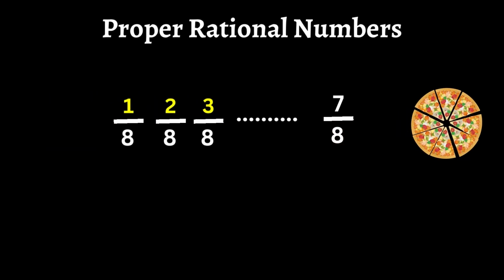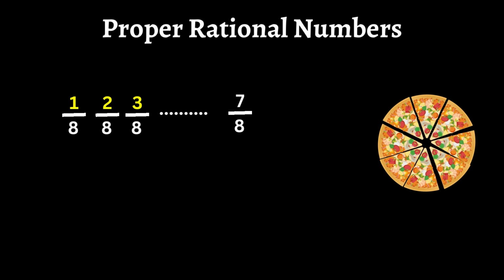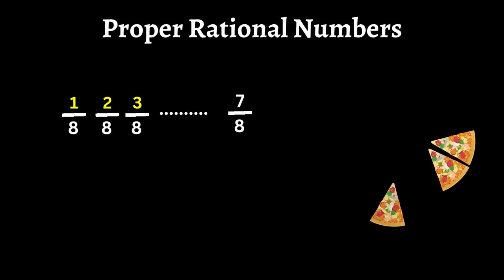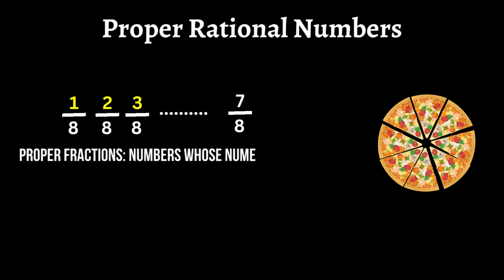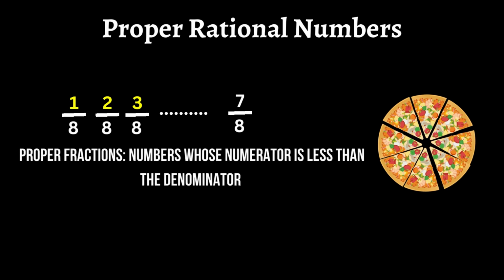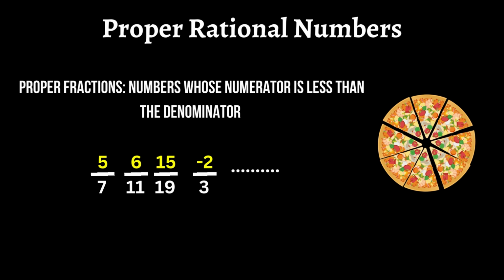Their numerators are smaller than the denominator, because they won't have more parts than what it takes to make one whole. So proper fractions are numbers whose numerator is smaller than the denominator. Some examples are 5/7, 6/11, 15/19, -2/3, etc.